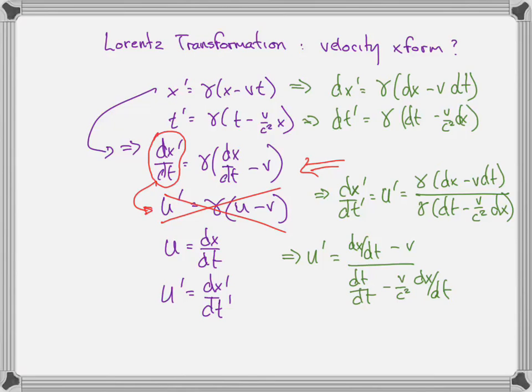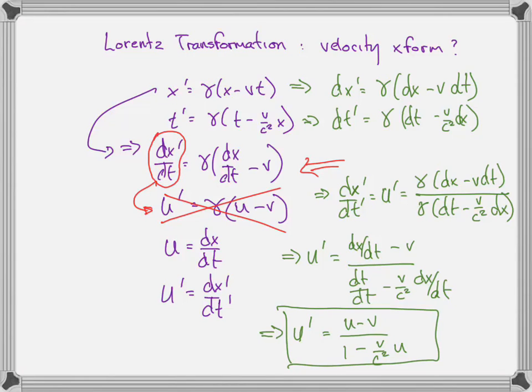So we can therefore see that the Lorentz transformation gives us that u', the velocity of an object measured in the primed frame, is equal to u minus v. That's what we saw for the Galilean transformation, but it's modified by a fraction: 1 minus v over c squared times u. Okay, so there you go.